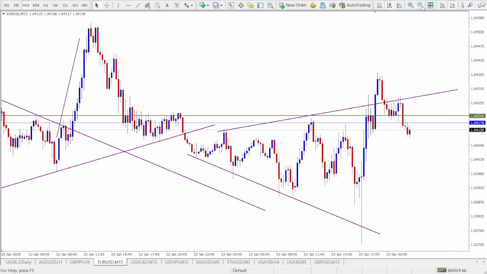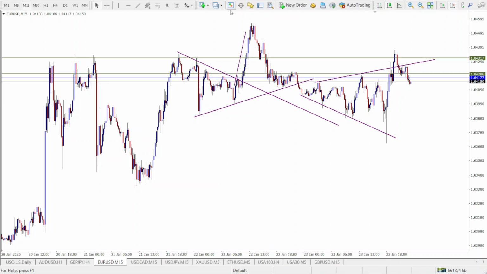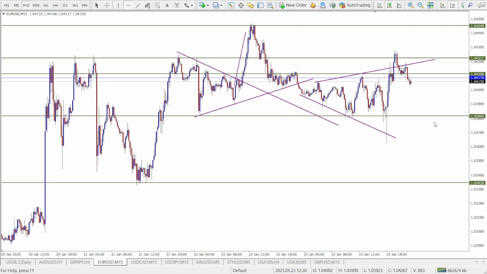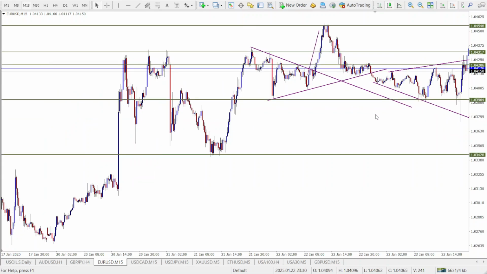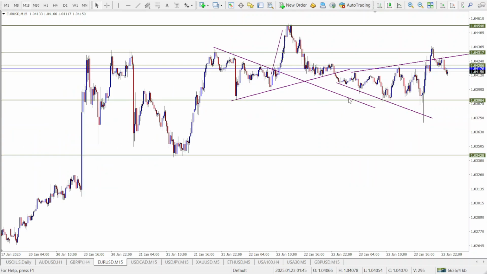When you go to your chart, you should identify the important levels on that chart, most especially the ones that are close to current price activity. You don't need to go all the way back into historical prices. You can just focus on the ones that are close to current price activity.